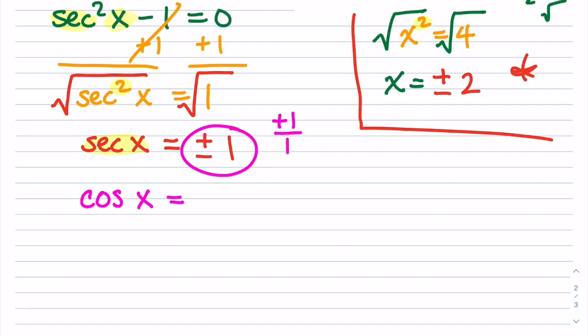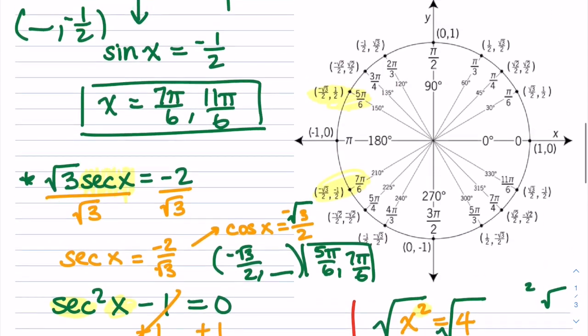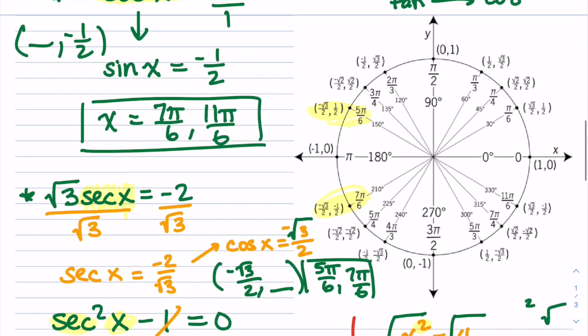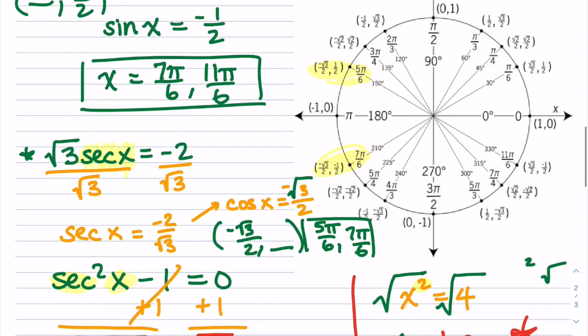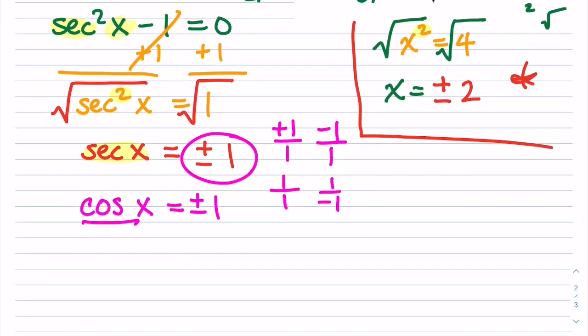If I flip that, it's the same thing, right? So either way you get plus or minus 1. And then if I go to the circle and I'm looking for plus or minus 1 in the cosine position, I'm looking for coordinates that look like this or like that.